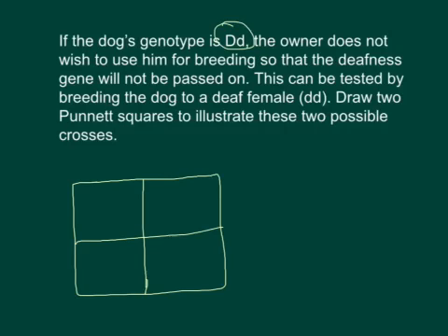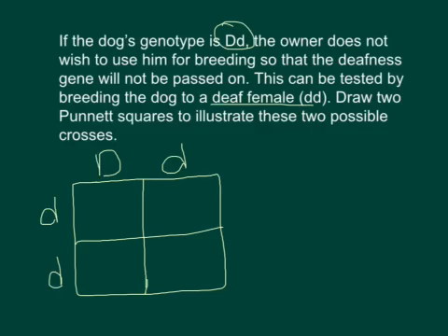His alleles are going to go on top. So big D and little d. And over on the side, we're going to put the female's alleles. So it says that we're going to test Gilbert with a deaf female, little d, little d. Her alleles are going to go on the side.